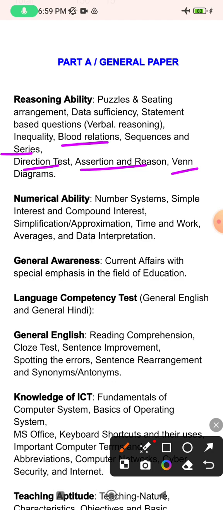Once again I am repeating: puzzles and sitting arrangement also, sitting arrangement, blood relations, Venn diagram, assertion reasoning, direction, test and series, and inequality also; in EMRS inequality also came. So these 7 or 8 topics we have to cover for reasoning ability.